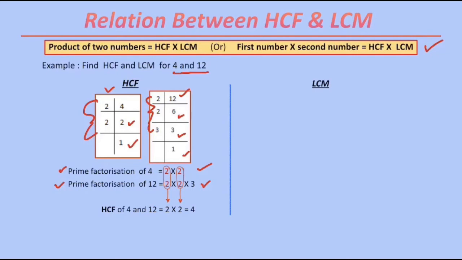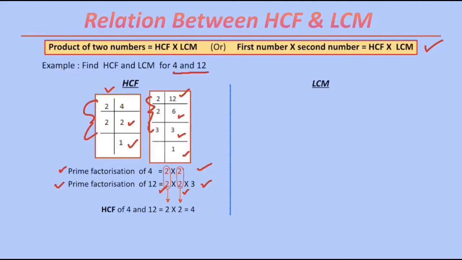After listing the prime factorization, we need to identify the common prime factors. Here, 2 and 2 are the common prime factors for 4 and 12.